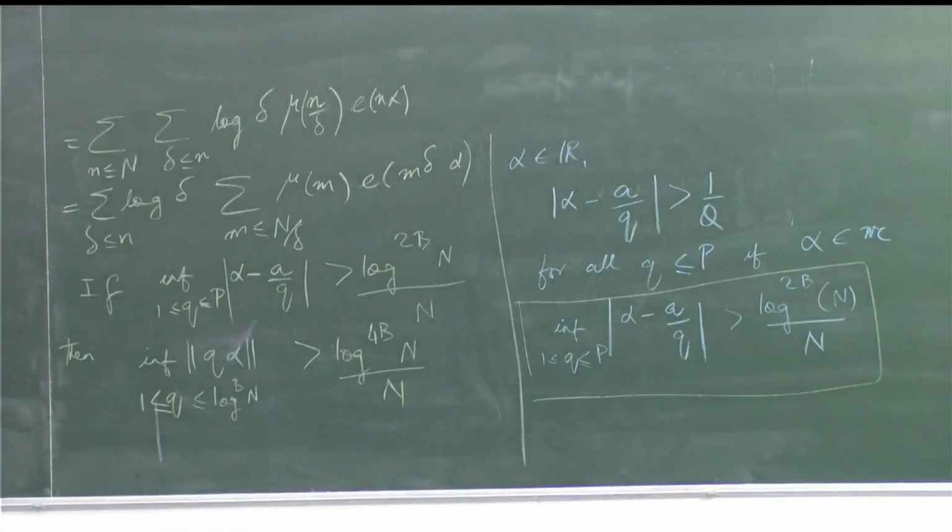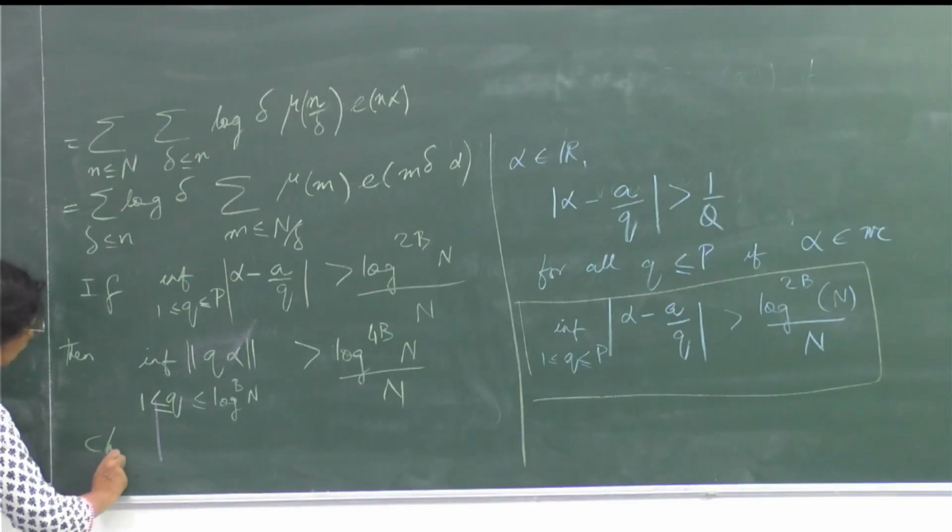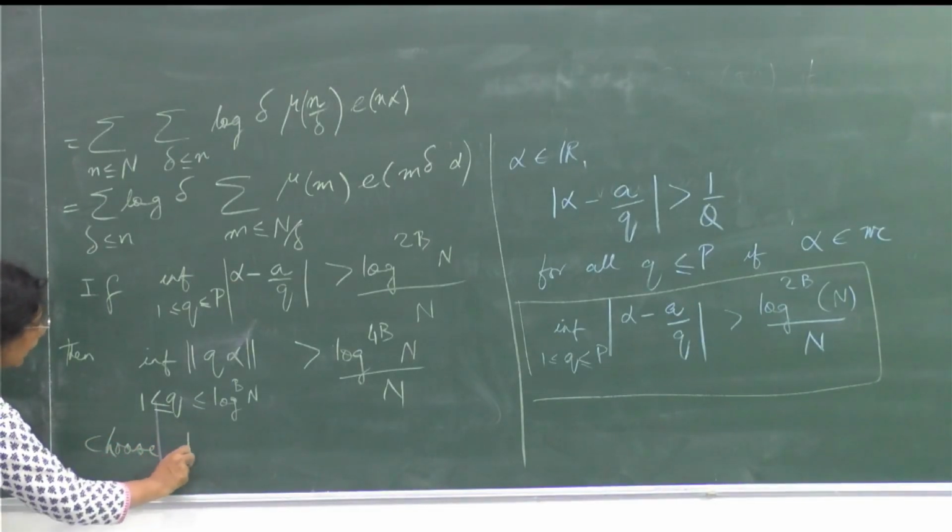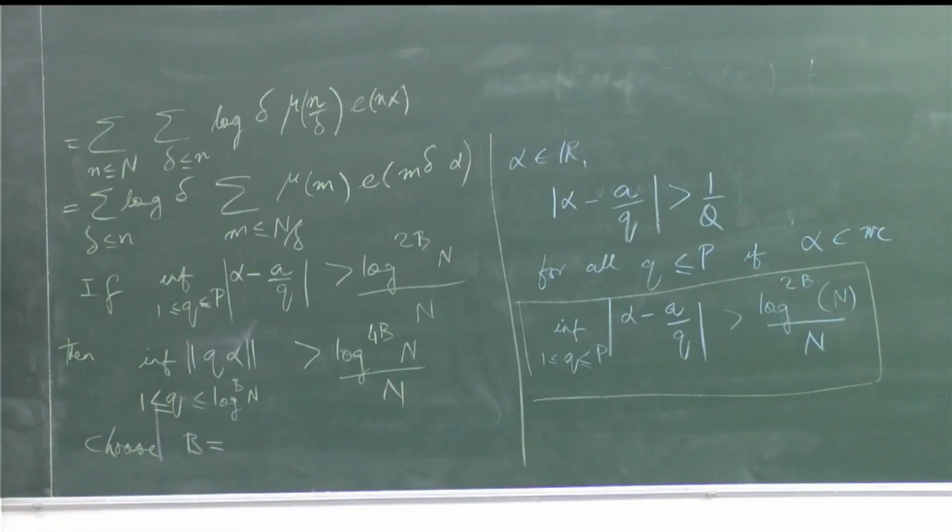So then we have done everything, and all that, so you choose your b as promised. We said we were going to choose b as a function of the a, which was there right at the beginning, and here we can take it to be, for example, 9 times 8 plus 6.